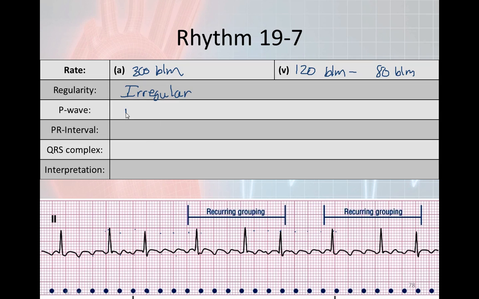The P waves are absent because there are F waves. The PR interval is absent because there are no P waves. The QRS complex, while that baseline looks pretty ugly, that QRS complex looks pretty good, nice and narrow.